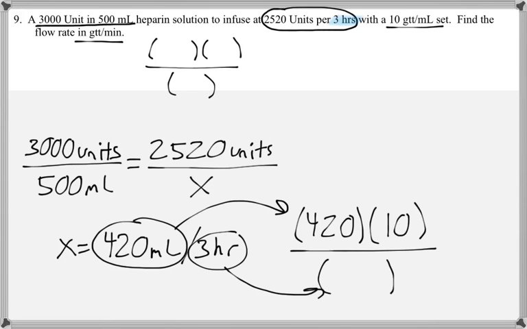So if I multiply 3 by 60, I get 180 minutes. And then I want to solve the formula, and rounding to the nearest whole number, we get 23 GTT per minute.